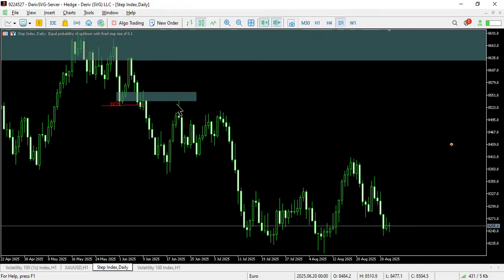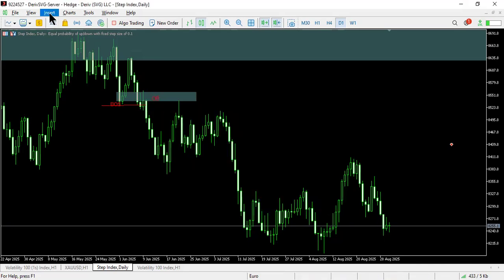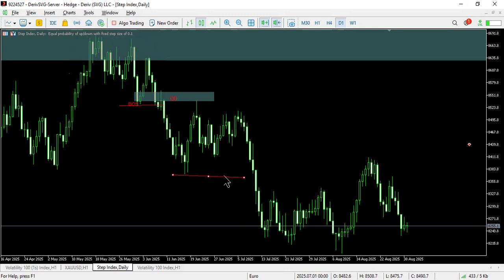Break of structure, price went back to mitigate the order block. That was the order block. And then we had another break of structure.